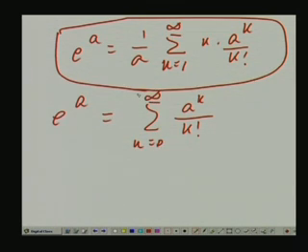We have differentiated it once, we got this. If we differentiate this twice, what do we get?